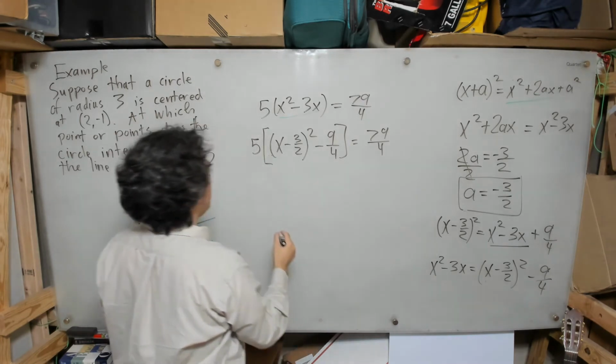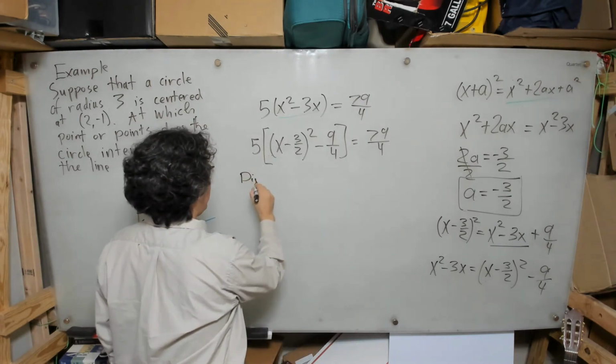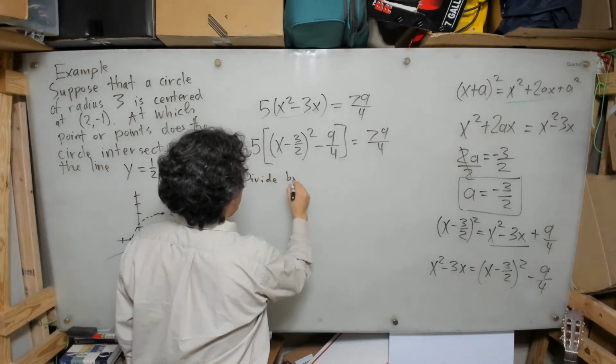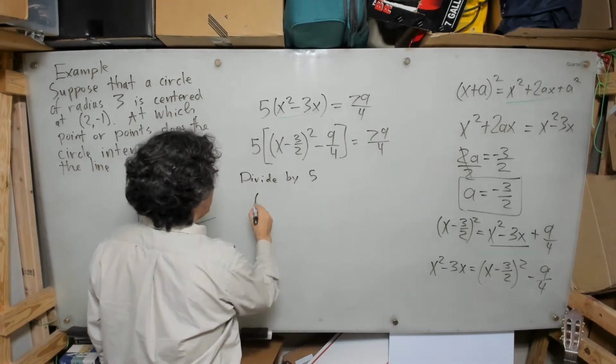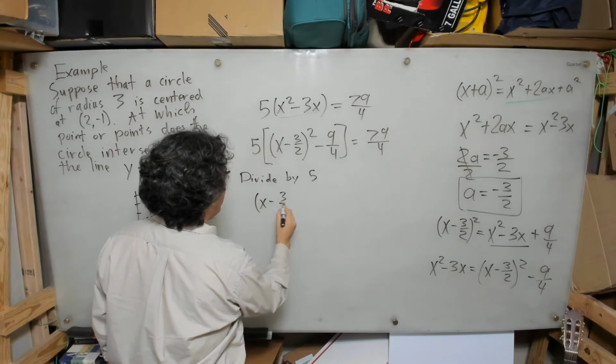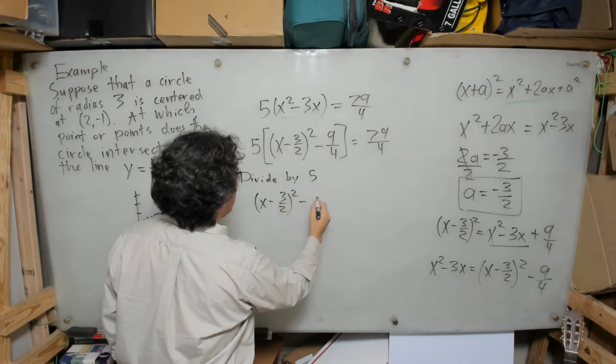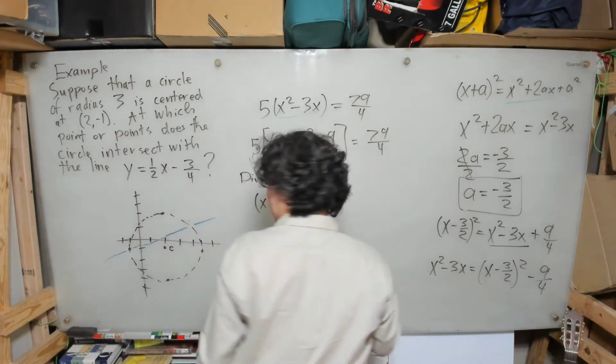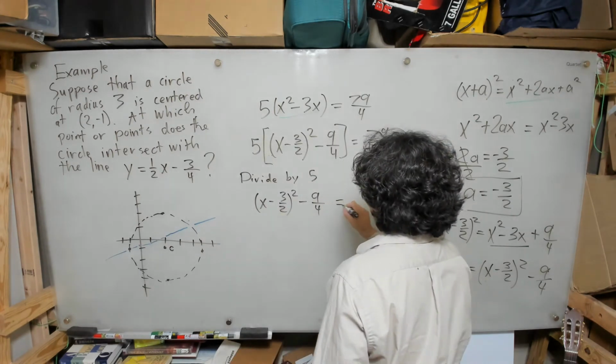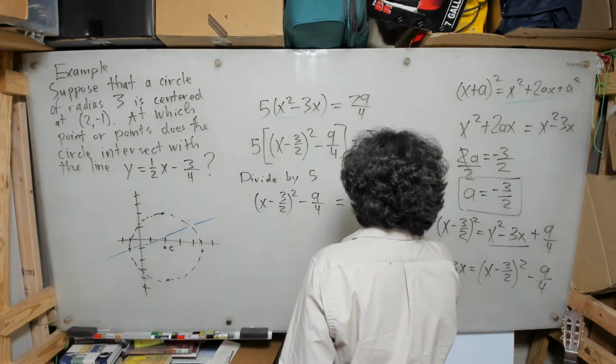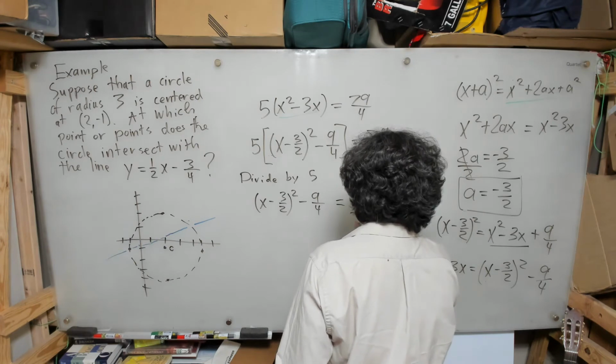Okay, so let's do that. So the left-hand side, I'm just going to leave it as (x minus 3 over 2) squared minus 9 over 4 equals 79 over 4 divided by 5.